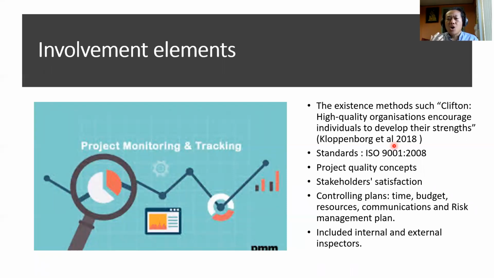It means that the work is to encourage team members to know their strengths and to improve them, to perform better. And then we have to increase the standards. So according to Copenhagen 2018, we have standards called ISO, ISO 9001.